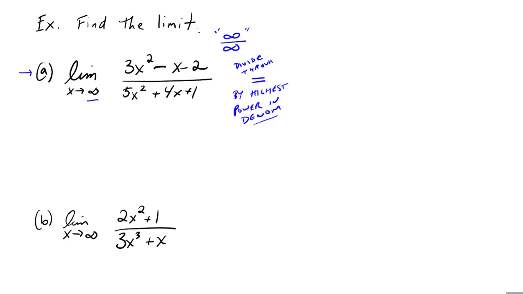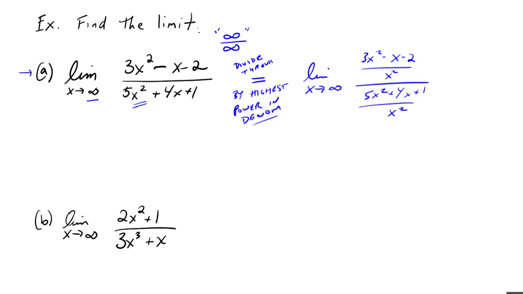Okay, so the highest power in the denominator here is x squared. So I'm actually going to divide both the numerator and denominator by x squared. So I'd have the limit as x approaches infinity, and I'll just do 3x squared minus x minus 2, put it over x squared, and 5x squared plus 4x plus 1, put it over x squared.